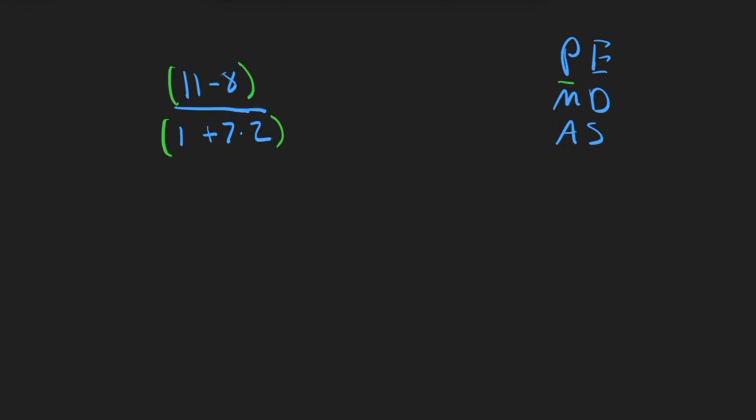The numerator, we get 11 minus 8. It's just 3. The denominator, we have 1 plus 7 times 2. We check for parentheses, there's none. Exponents, there's none. Multiplication, division comes first. So we will get 1 plus 14. We get 15.